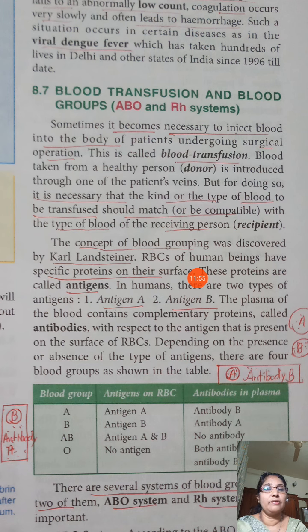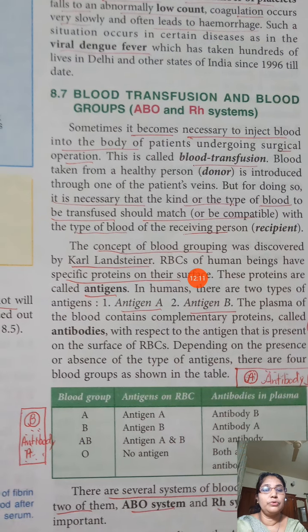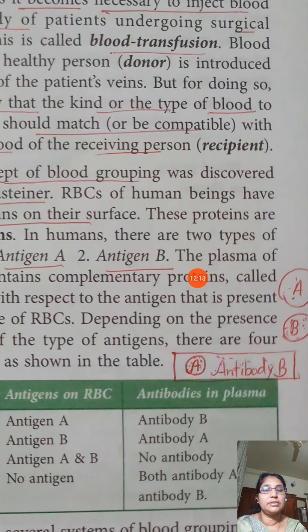Blood grouping was discovered by Karl Landsteiner. In the RBCs of human beings, specific proteins called antigens are present. Here I drew certain structures.